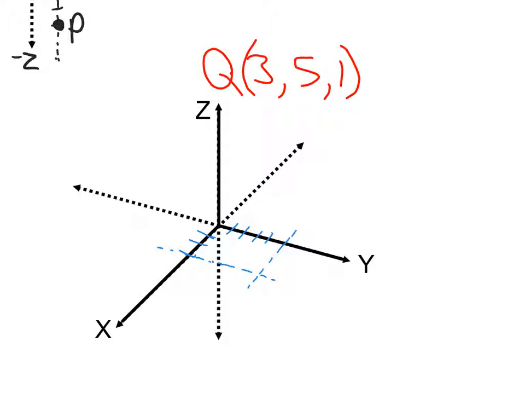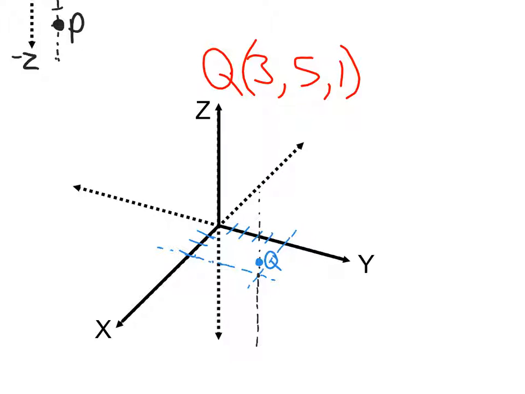All right, so I know the z-axis is kind of like that at this point. So if I go up 1 unit, that would put me right there. So there's point Q. All right?